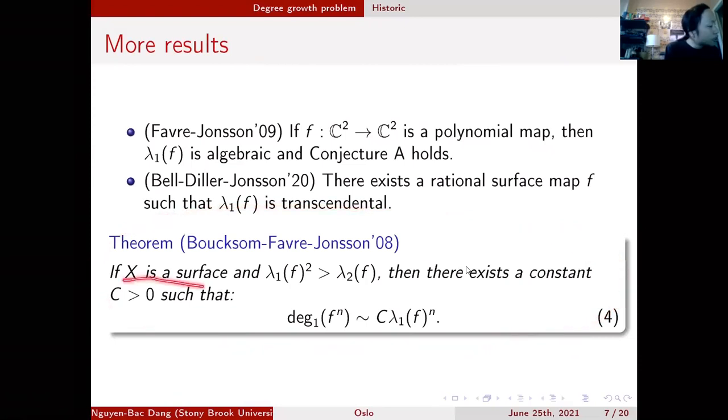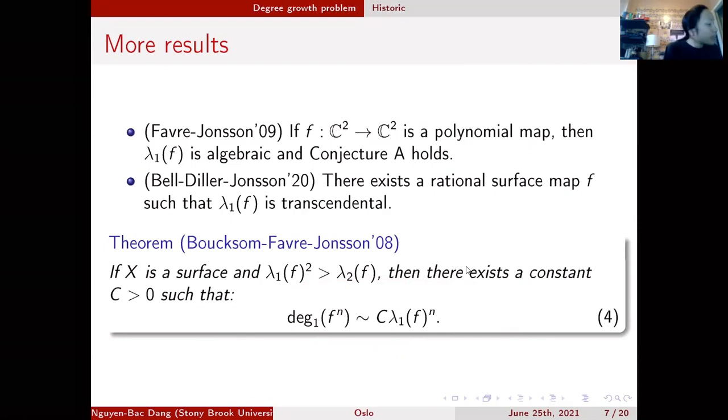So you start with a surface, and you suppose that there's this strict inequality condition on the dynamical degrees. So the first dynamical degree squared is strictly bigger than the second dynamical degree of f. Then you have a purely exponential growth of the degree sequence.